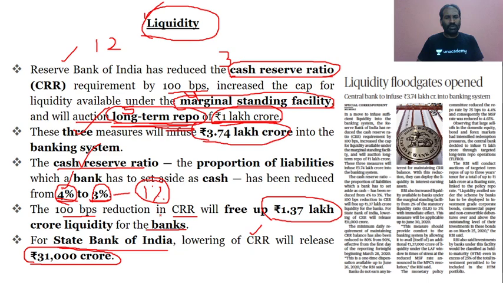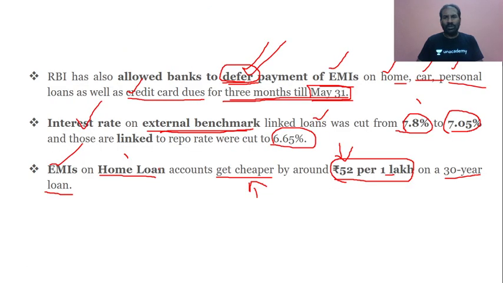So we have looked at length at all this, and also the RBI has come up with deferring, that is postponing or rescheduling, the EMIs on home, car, and personal loans up till 31st. But later the interest will be calculated for those 3 months, and the one who wants to defer has to pay that interest.